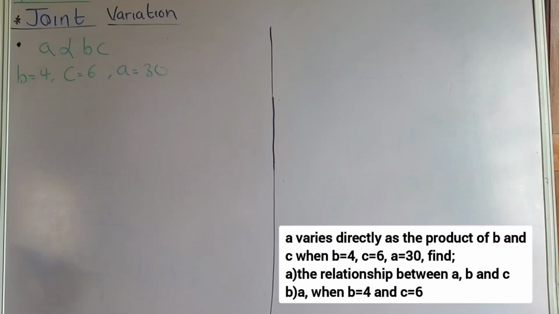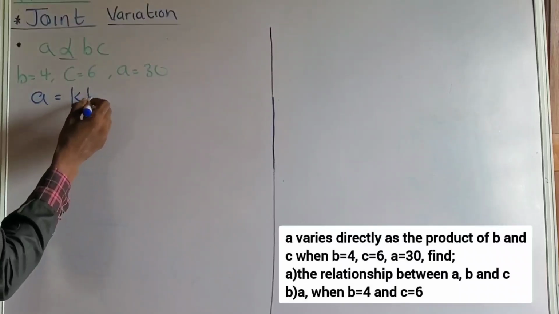I told you that in dealing with a variation question, the first step is that you have to change the variation sign to an equals sign. If I change this variation sign to an equals sign, I'm going to introduce a proportionality constant. Don't forget. So in that case, I'm going to have A equals KBC.